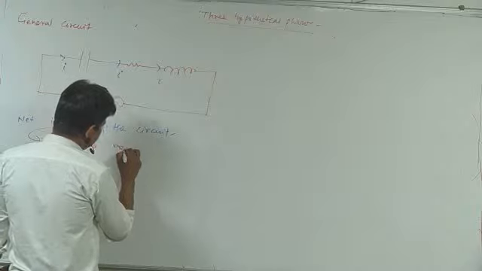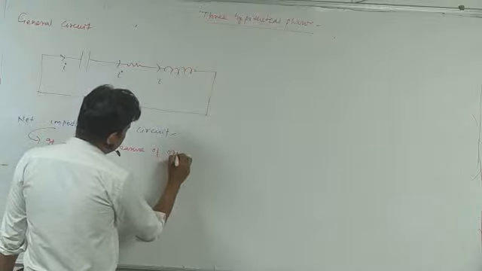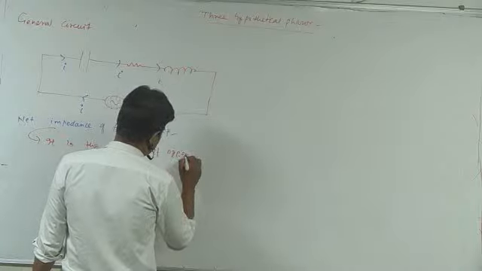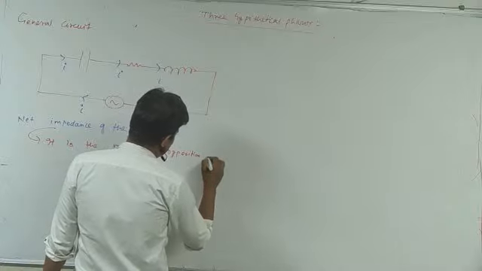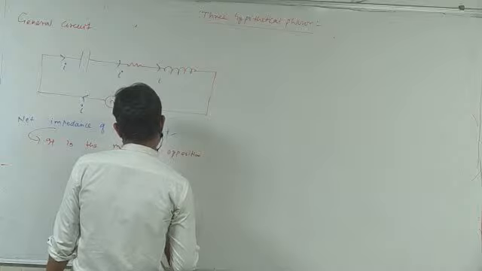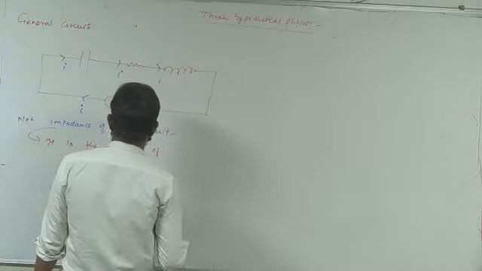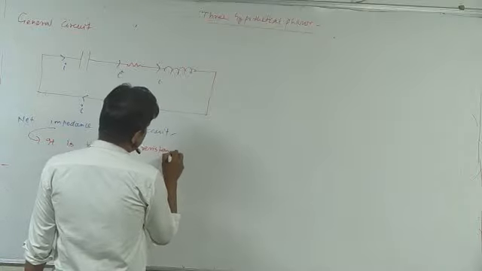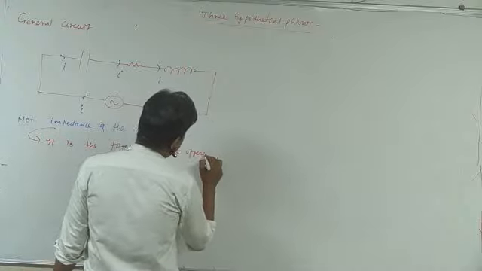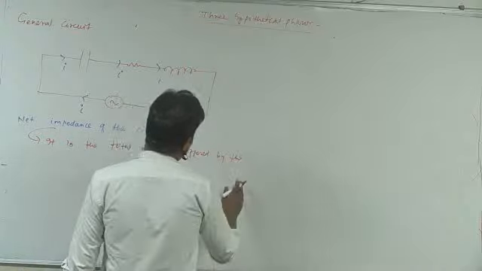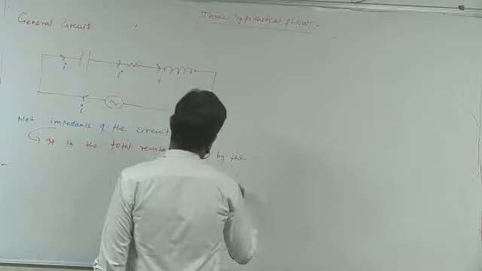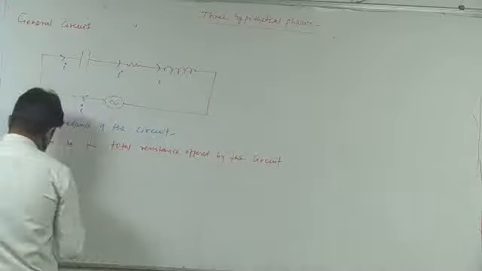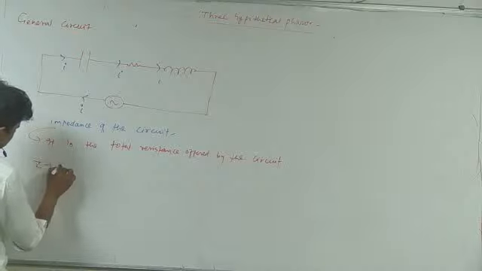It is the measure of opposition, or you can say it is the total resistance offered by the circuit, and it is denoted Z. Z stands for impedance.